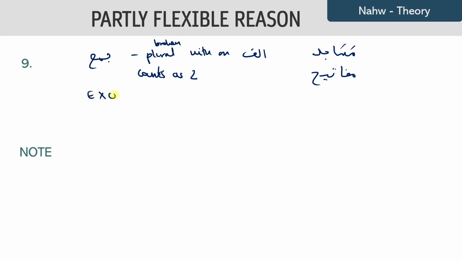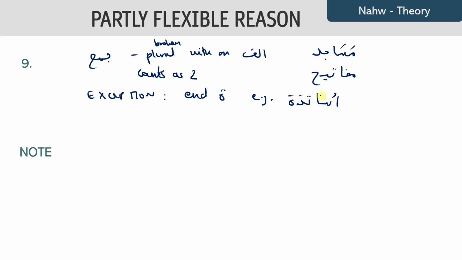However, the exception is that if the jama is a broken plural but it ends with ta, then it is not غير منصرف. So you have the word asatizatun, which is the plural of ustad.